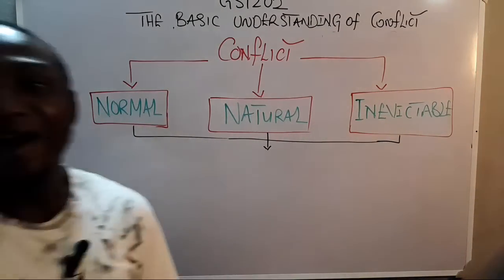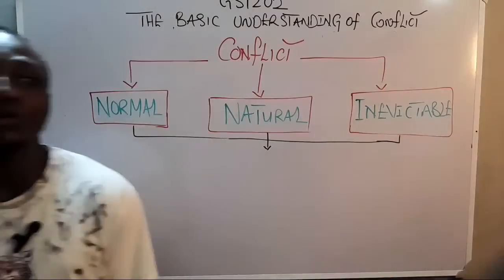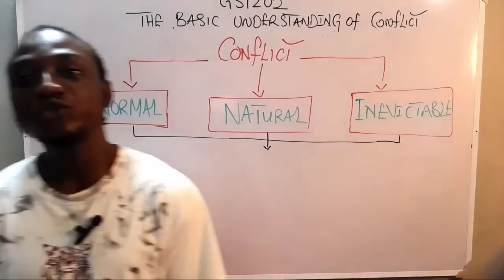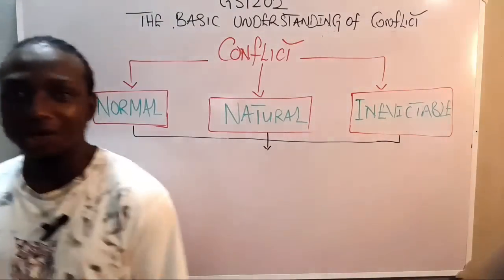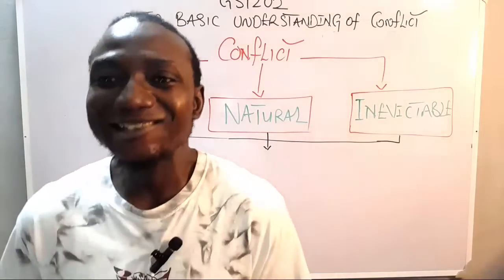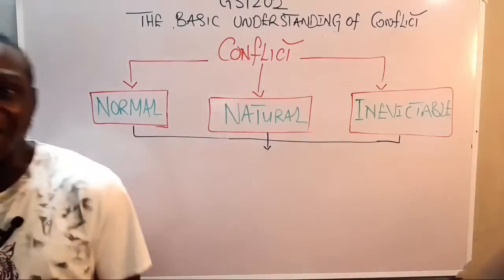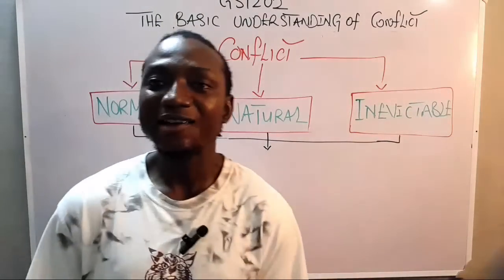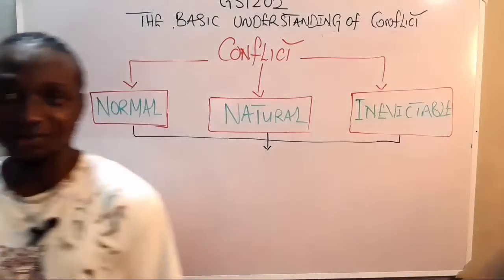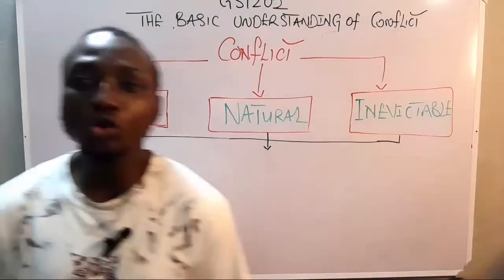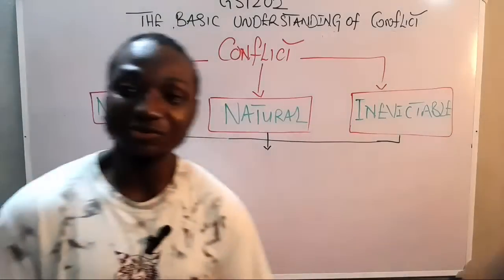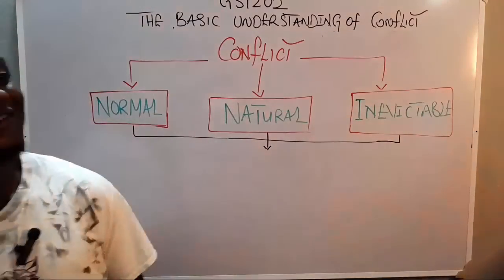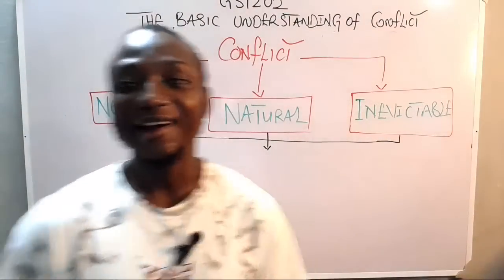You might have conflict. When I say internal conflict, there are certain times you have struggles believing certain things. Identifying yourself, identifying who you are, can be a conflict. You want to become a footballer, at the same time you want to become a doctor, at the same time an engineer.